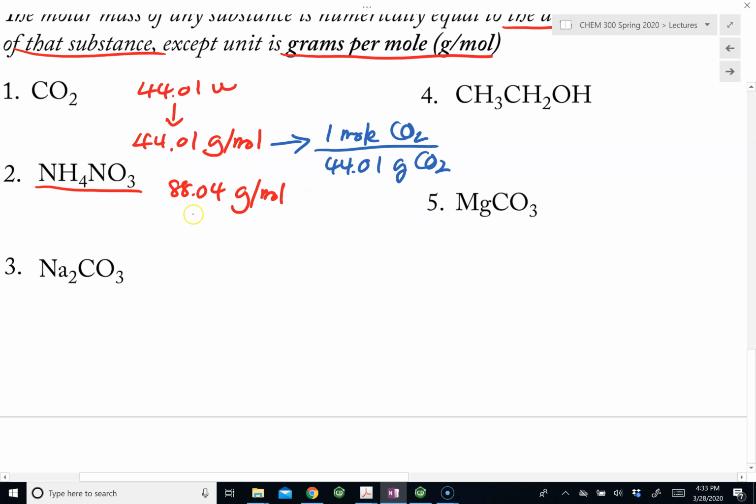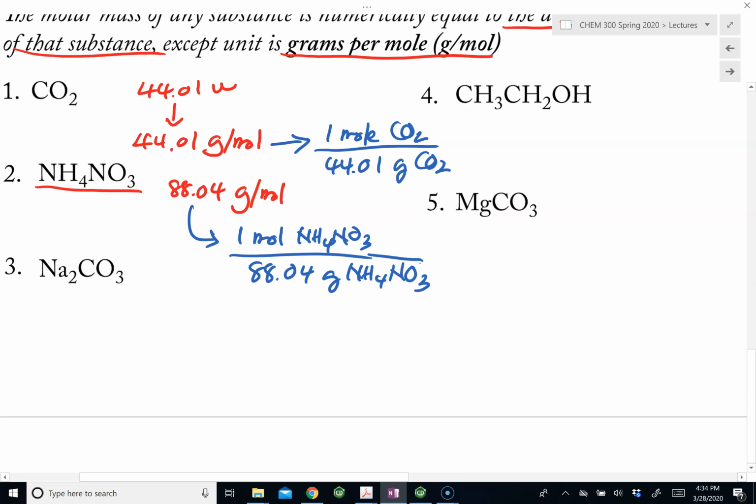And similarly, for ammonium nitrate, we can also write the following: 1 mole of ammonium nitrate, and a mole is sometimes abbreviated with mol only, without the e, over 88.04 gram of ammonium nitrate.